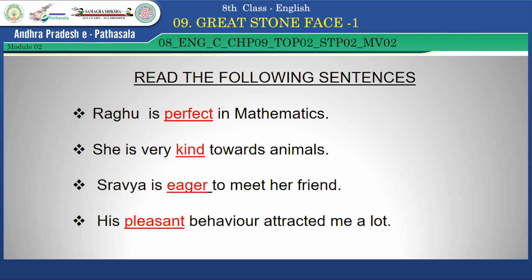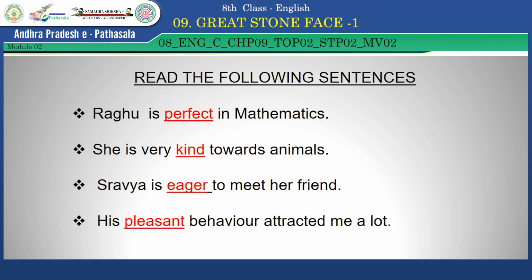Now, dear children, observe the highlighted words in the sentences. Perfect, kind, eager, pleasant. In the first sentence, who is perfect in mathematics? Raghu is perfect in mathematics. In the second one, who is kind towards animals? She is kind towards animals. See the third one.